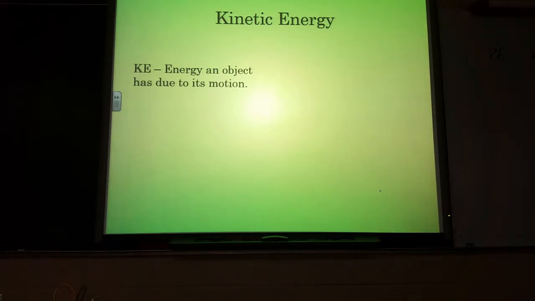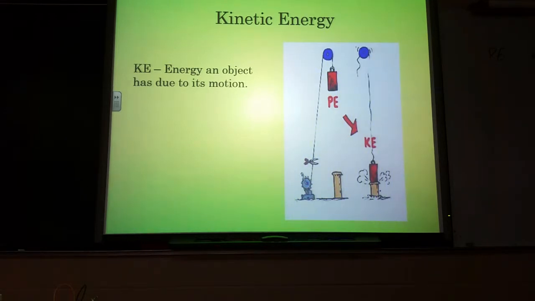We have another formula. We're going to get, I think, 3 formulas this chapter. We've seen the one. Here's our example, so it's turning into that. There is our kinetic energy formula. 1/2 times m times v squared.